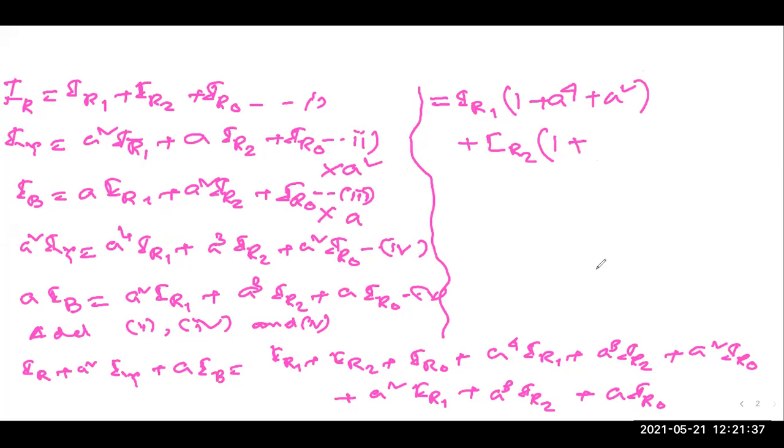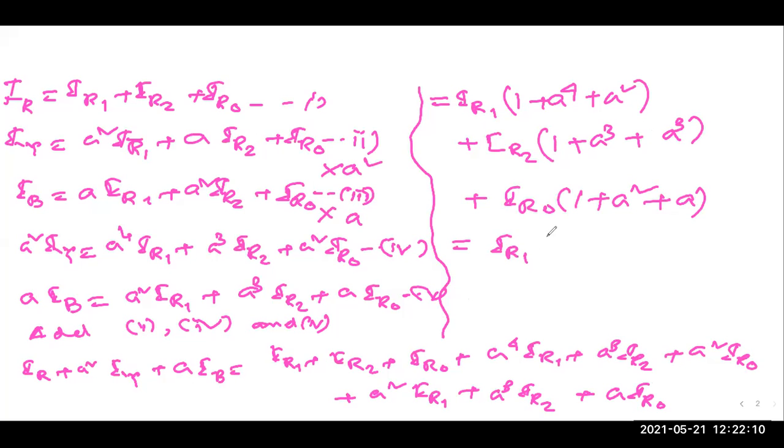Then IR2 is this one, this is A cube. Now your IR0 is 1 here, and we have IR0 here, so this is A square. And we have IR0 here, so plus A.